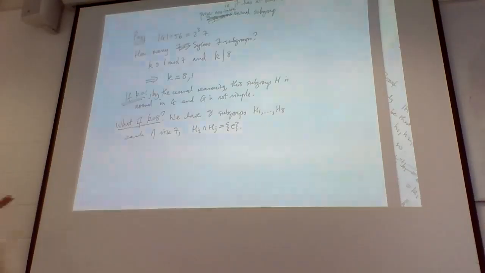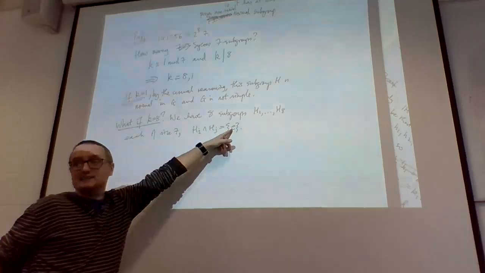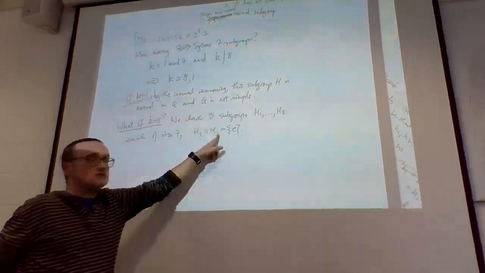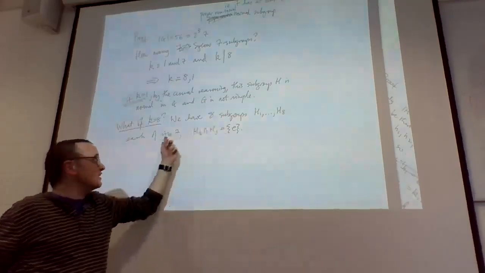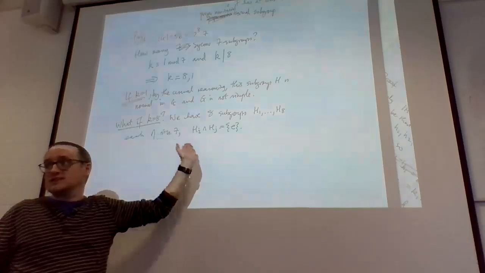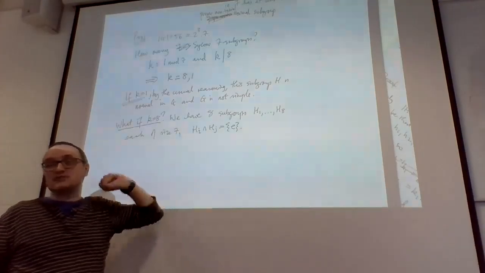Why is that true? Well, you see 7 is a prime. If there was a non-trivial element in the intersection, if there was an X here, X would be in HI, it would also be in HJ, but X would have to have order 7. So it's a non-identity element in a subgroup of size 7. 7 is a prime, so every non-identity element has to have order 7.